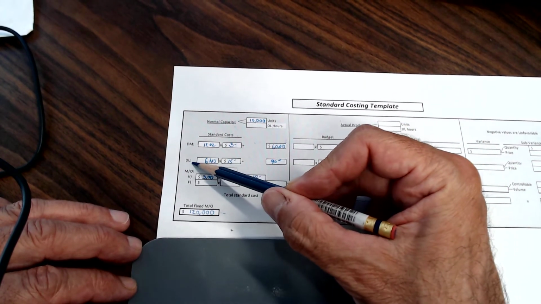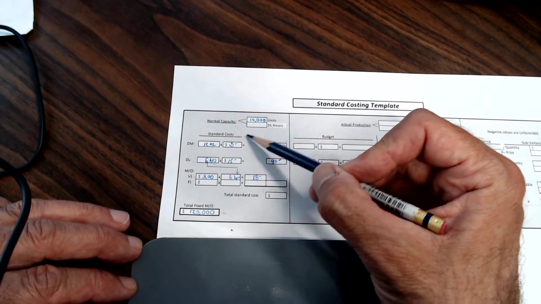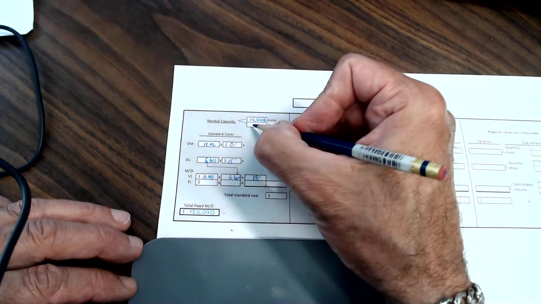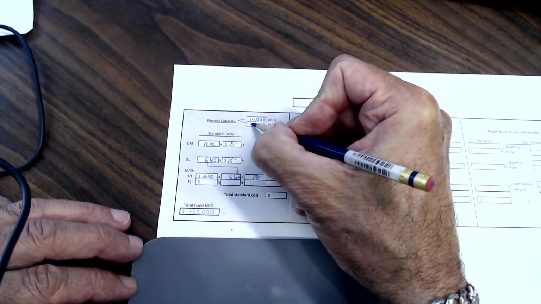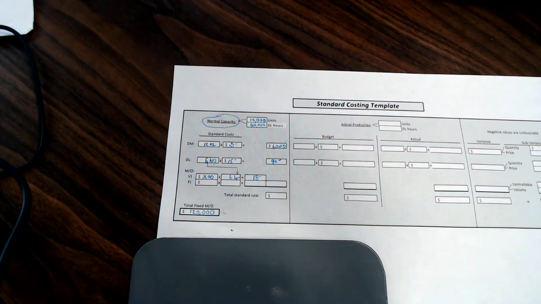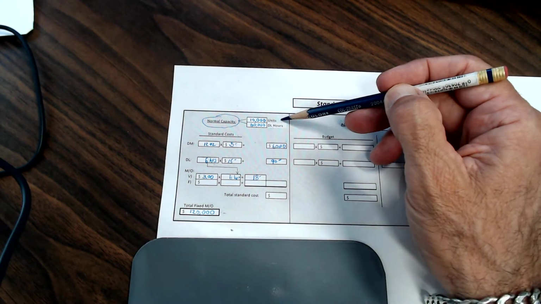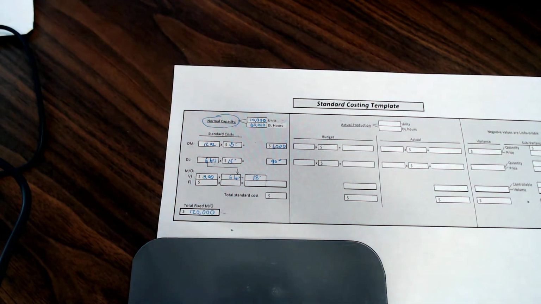Each one takes 6 hours, so to make 10,000 units would take 60,000 hours. This is what's known as my normal capacity. In a normal month, I would normally make 10,000 units, and that would normally take 60,000 hours. That's how I define my normal level of activity, either in units or in hours.